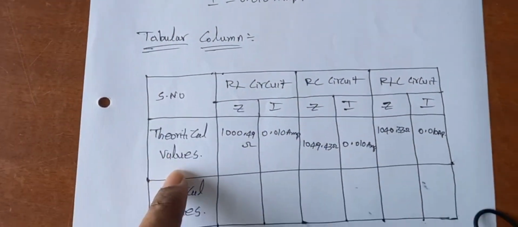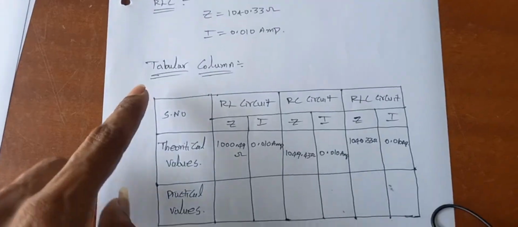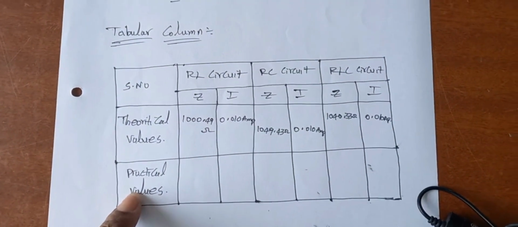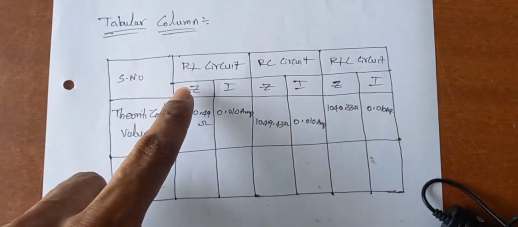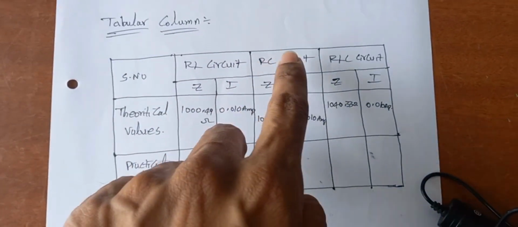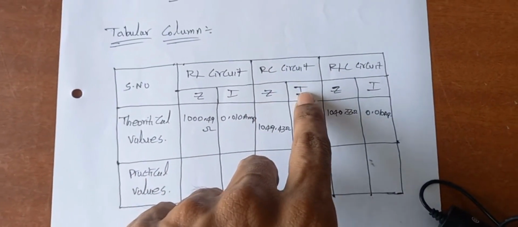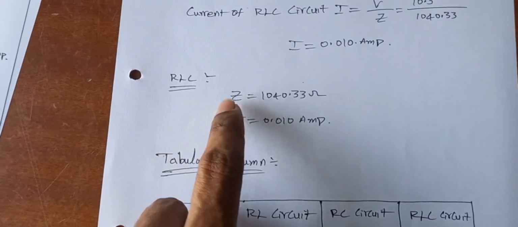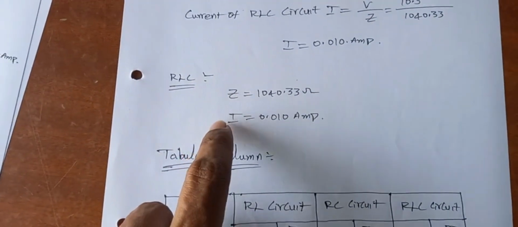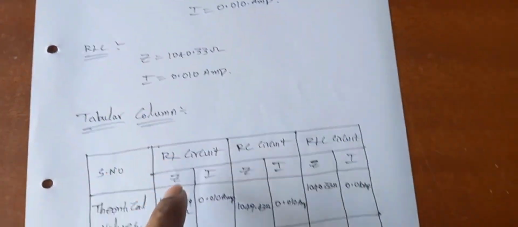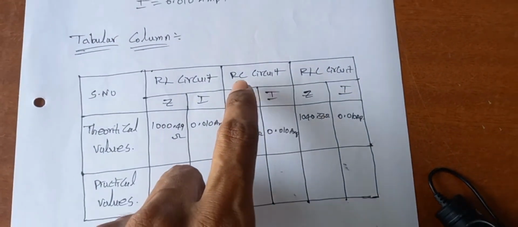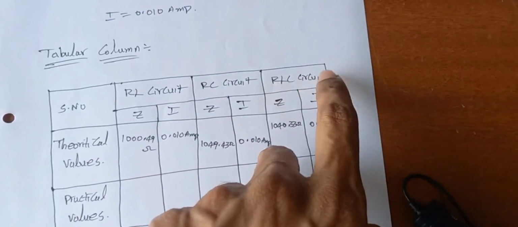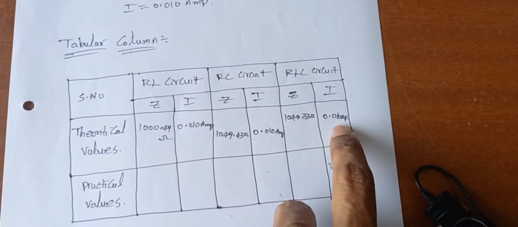Okay, those theoretical values we kept in a tabular column. These are the theoretical values and these are the practical values. In the RL circuit, what is the impedance and what is the current, and in the RC circuit, what is the impedance and what is the current. I have already written both impedance and current values at the end of the theoretical calculation, so you have to replace those values here. Then the RC circuit Z value and current value, and the RLC circuit Z value and current value.